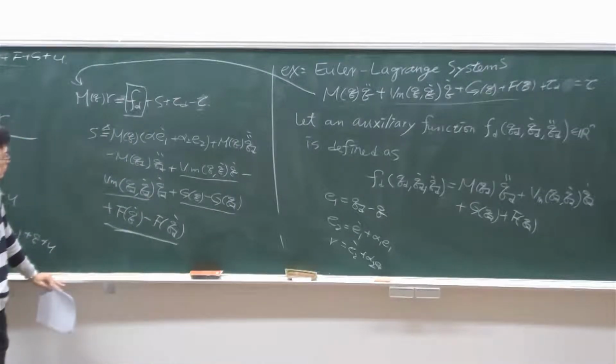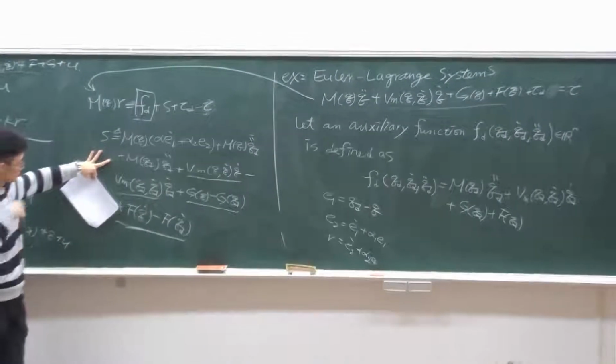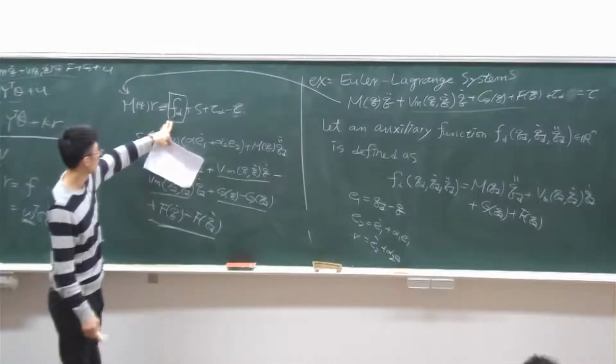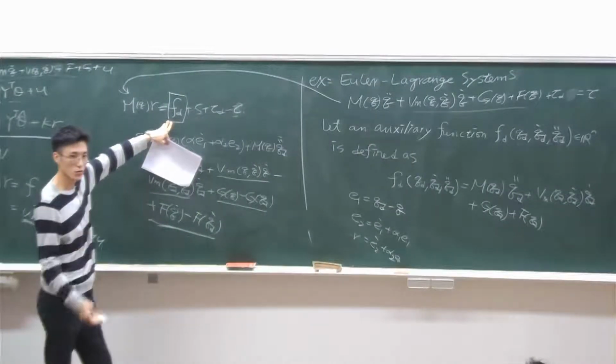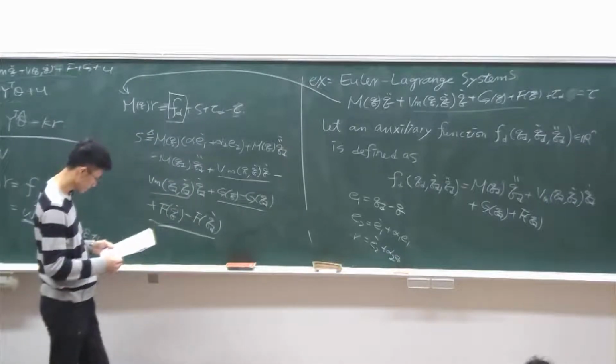So this S can be upper bounded by some function of error, and this FD can be approximated by neural networks.